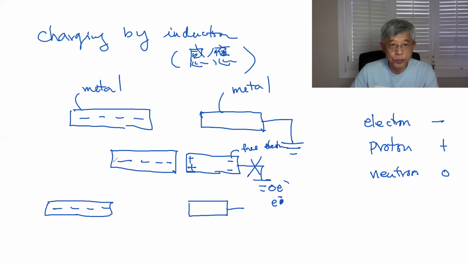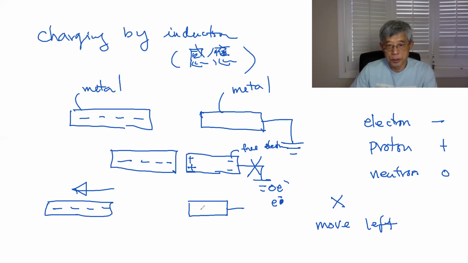And then you move this one over to the left-hand side. Since you cut it, the free electrons already went to the ground. So first you cut, and then you move this metal to the left, and this one here is already cut.